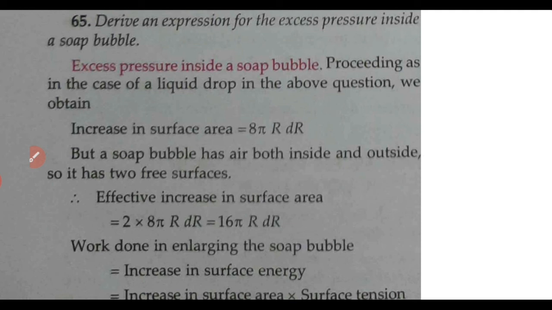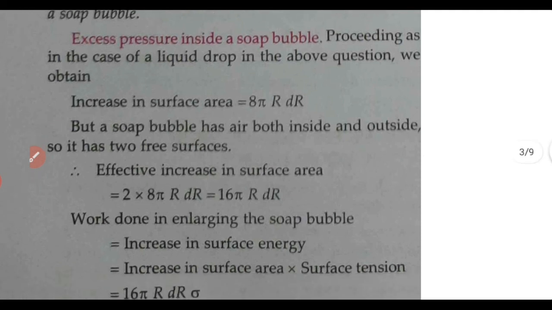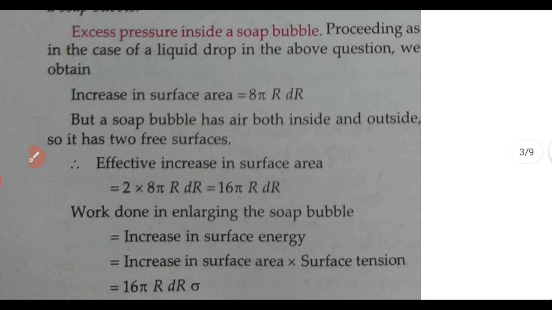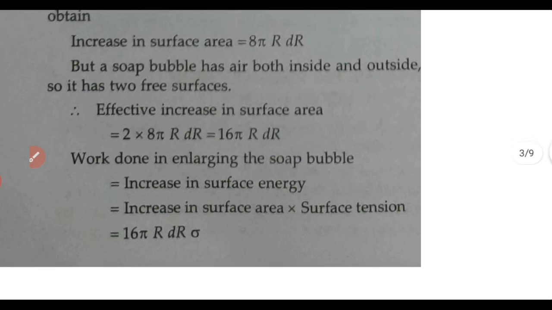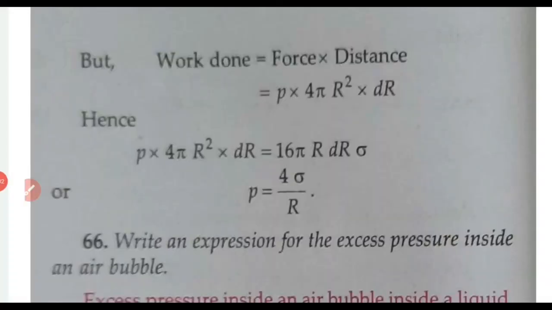So the effective increase in surface area for the bubble will be 2 into 8 pi r dr, that means 16 pi r dr. So increase in surface energy will be 16 pi r dr into S. As we discussed earlier, work done by the force due to excess pressure we can write as P into 4 pi r square into dr, where P is the excess pressure.